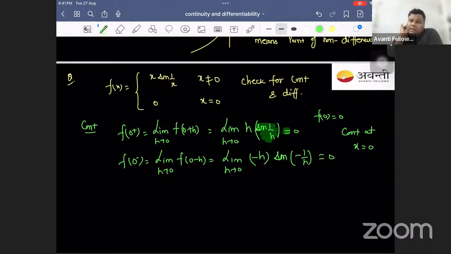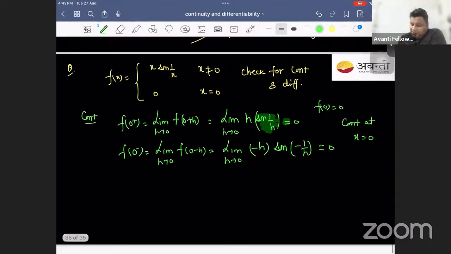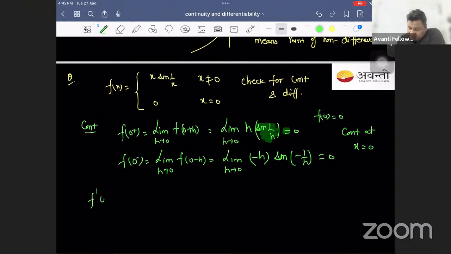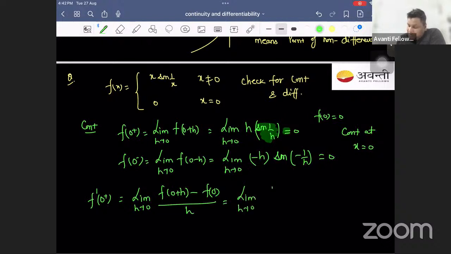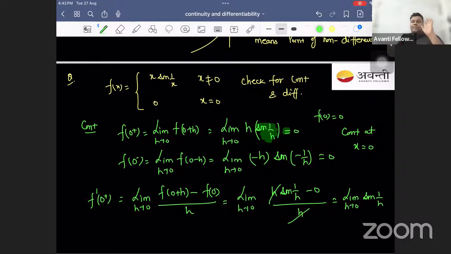Now if we want to check its differentiability, see f'(0+) is the limit as h approaches 0 of (f(0+h) - f(0))/h. That is the limit of (h sin(1/h) - 0)/h. The h cancels, so you are left with the limit as h approaches 0 of sin(1/h). And we have no idea about the value of sin(1/h) as h approaches 0.